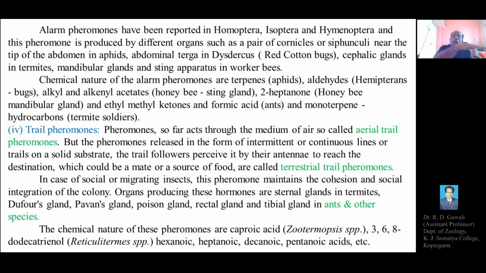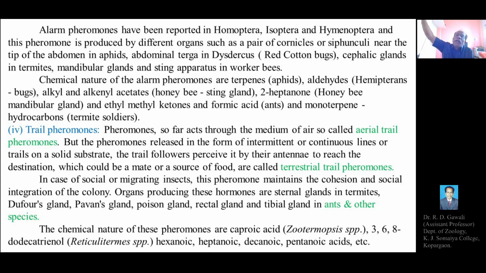So on land or on a substrate, when the pheromones are released, either intermittently in the form of drops, or as a continuous line, that will also form a trail, and ultimately the members of the same species get sensitized to these trail pheromones and will follow the individual or the insect which is releasing the trail pheromone.